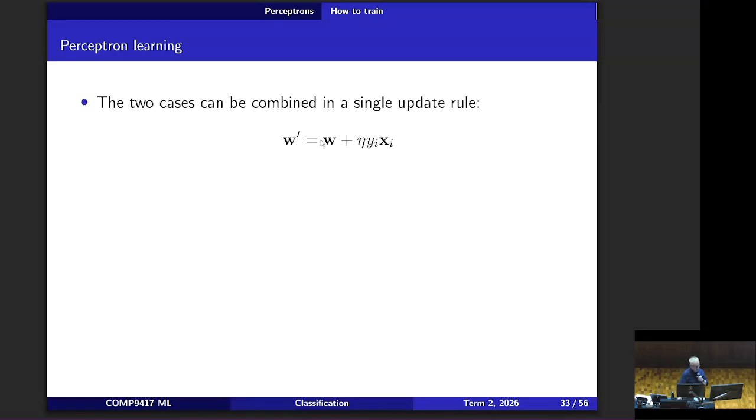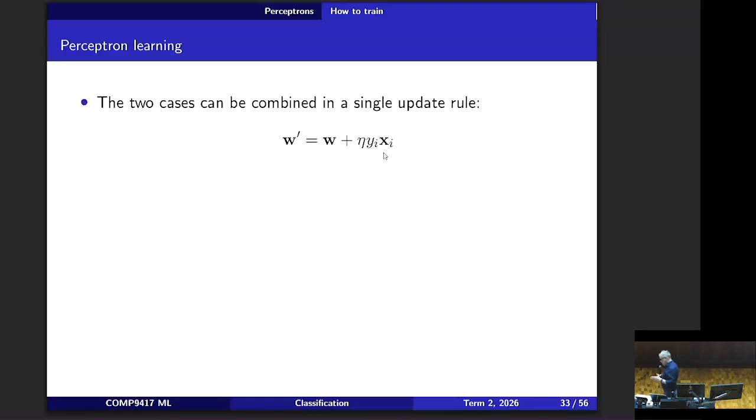It becomes the existing weight vector plus the data point xi, and we're back to just indexing into i, so i is one of our training data points, times the label, right? So that'll change that either into -xi or +xi. And that corresponds to the sign inversion of the misclassification.